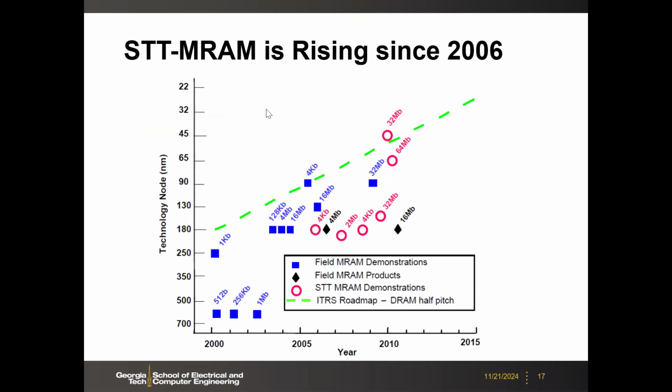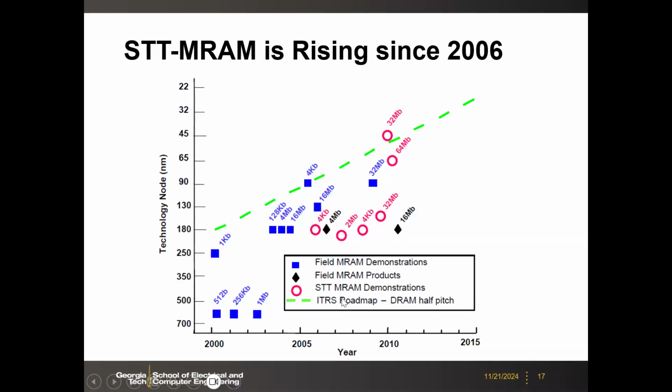Okay, so this is the early days of the STT-MRAM's research and development. As I said, in the early 2000s, most of the demonstrations on the chip level were on this field MRAM, even like IBM's 16 megabits demonstration around 2004, 2005.